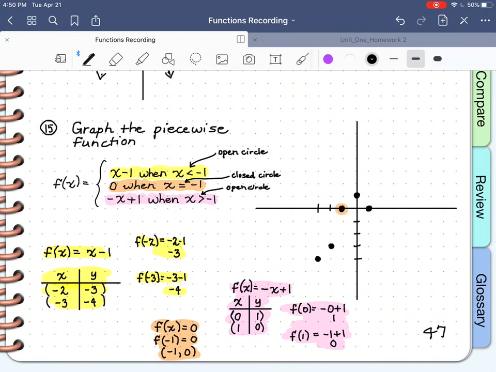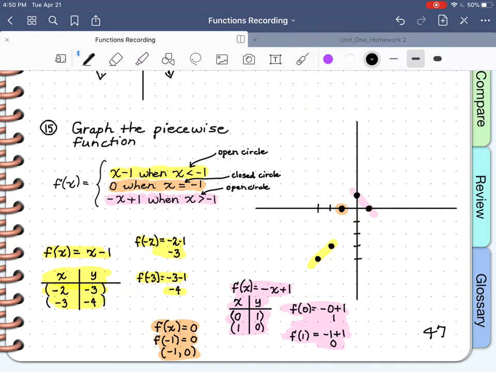So I have graphed my 5 points. And then I'm going to go back to this open closed thing. We know that the yellow and pink functions need open circles. And let me go ahead and color my lines as well. This is the yellow function down here. And then this is the pink function that's starting right there.